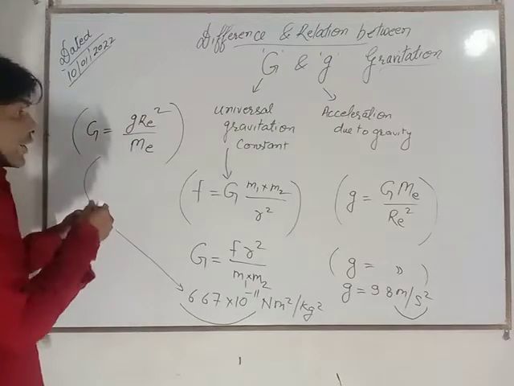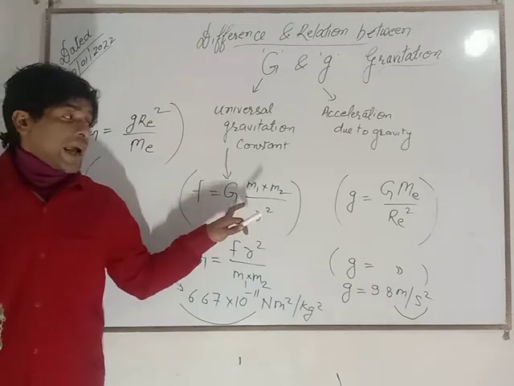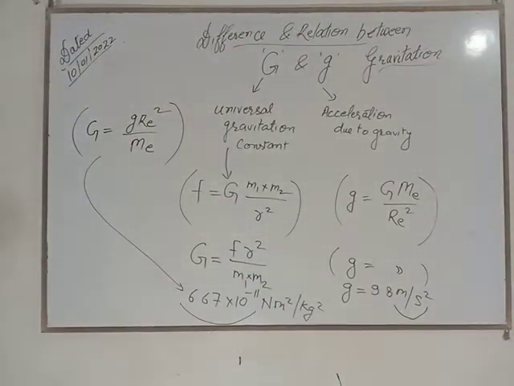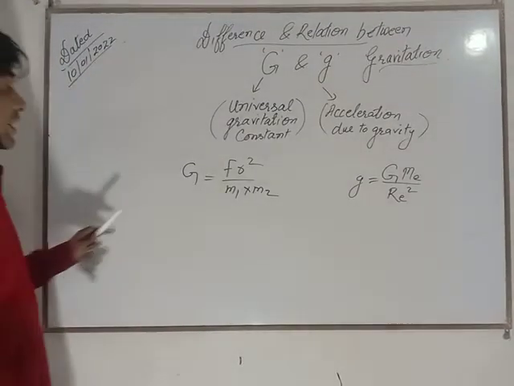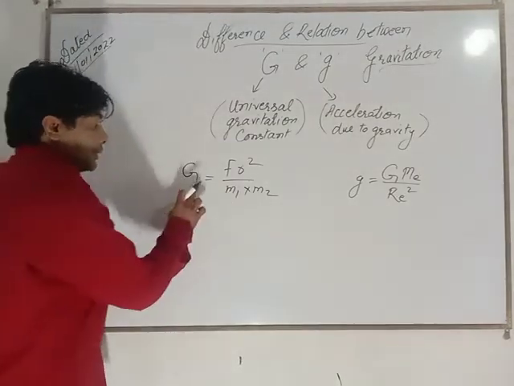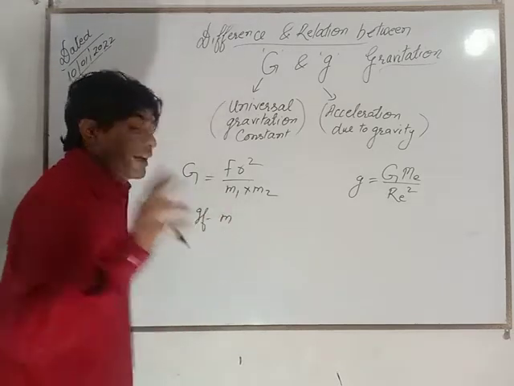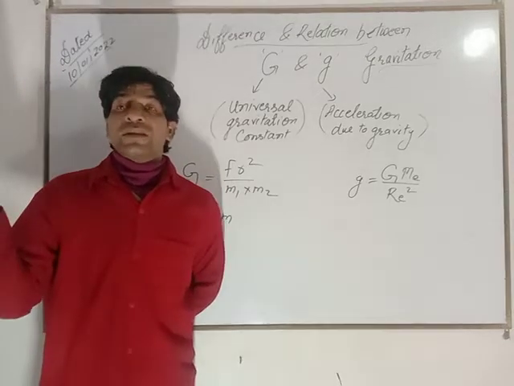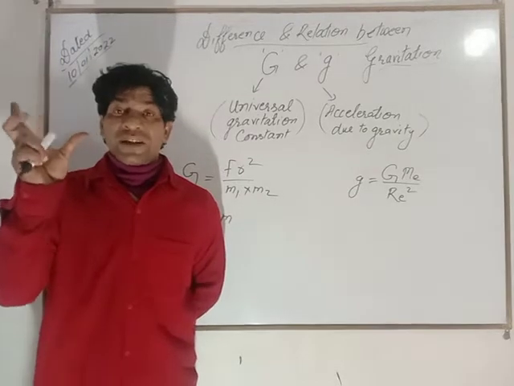Now I am telling you how you will define capital G and small g. In defining capital G, Sir Isaac Newton says any two objects in this universe attract each other by a force of attraction known as gravitational force.